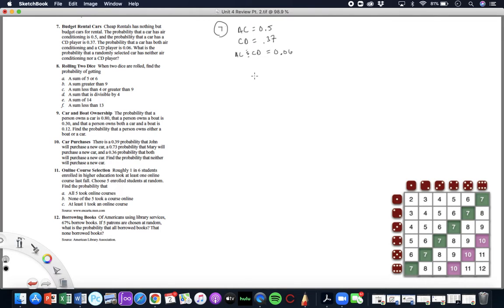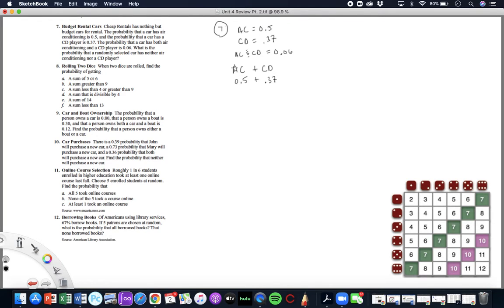I'm going to use the complement in this case. So I'm going to say AC is 0.5, all right? It could also have the CD player, which would be 0.37, and this is kind of baiting you into thinking, it's walking you through the idea of an inclusive situation, right? Because it's saying, what is the probability the randomly selected car has neither air conditioning nor a CD player?